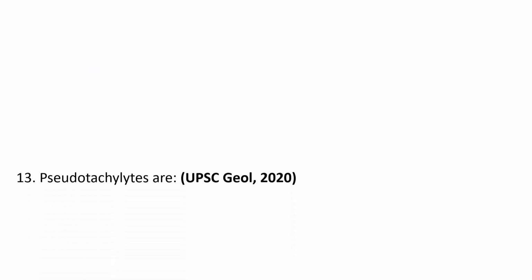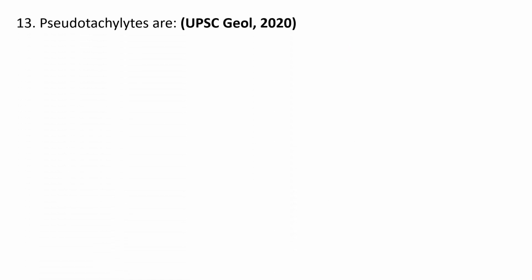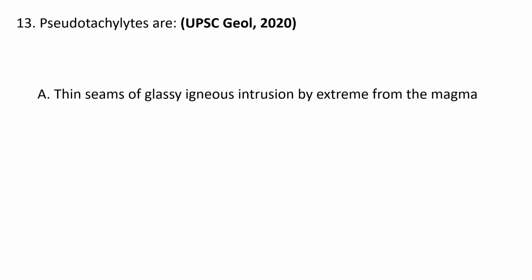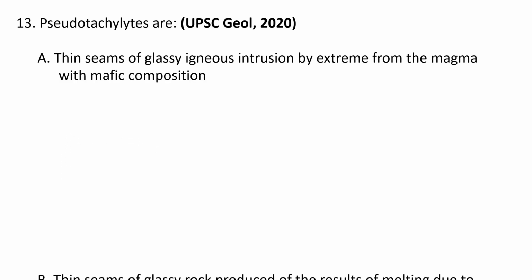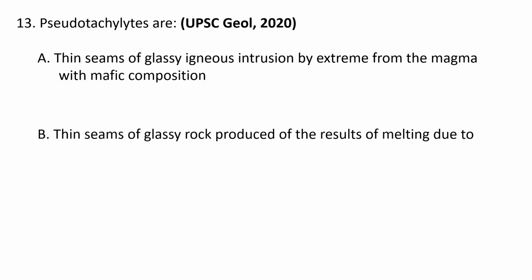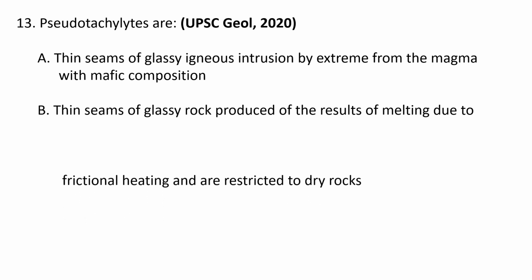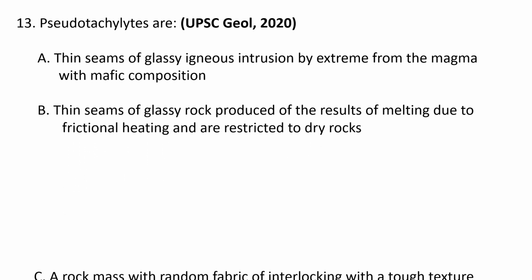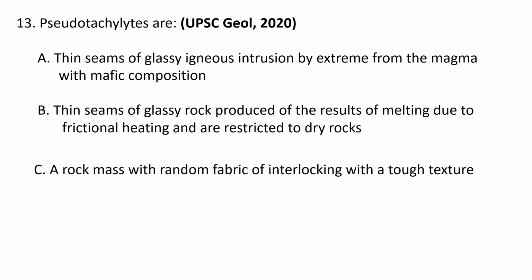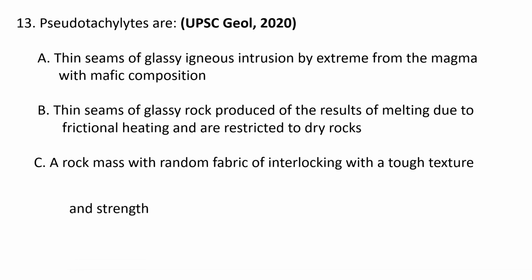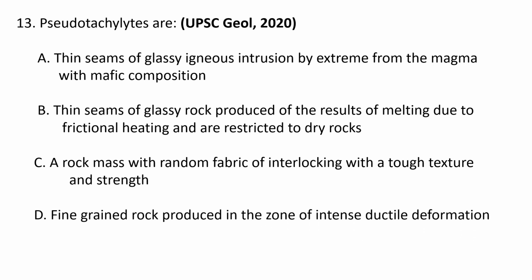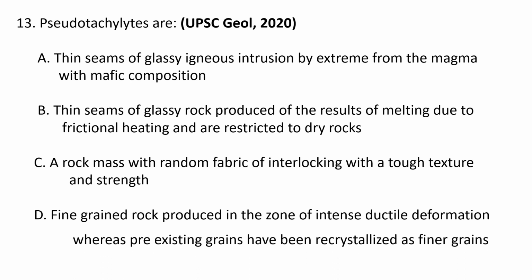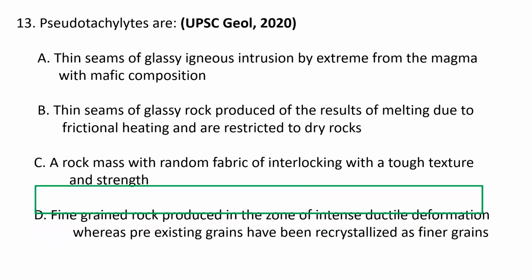So coming to the 13th question, pseudotachylites are A. Thin seams of glassy igneous intrusion extruded from the magma with mafic composition, and B. Thin seams of glassy rock produced as a result of melting due to frictional heating and restricted to dry rocks, and C. A rock mass with a random fabric of interlocking grains with a tough texture and strength, and D. Fine-grained rock produced in the zone of intense ductile deformation, where the pre-existing grains have been recrystallized as finer grains.